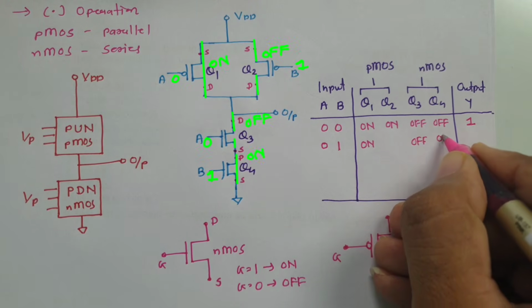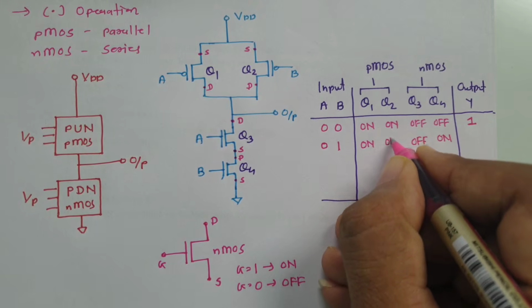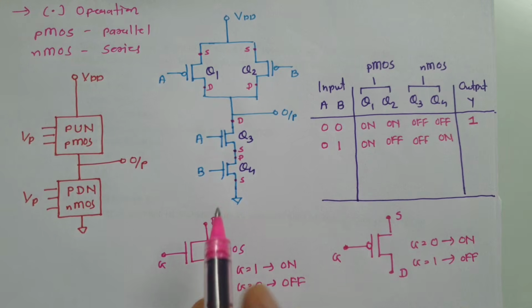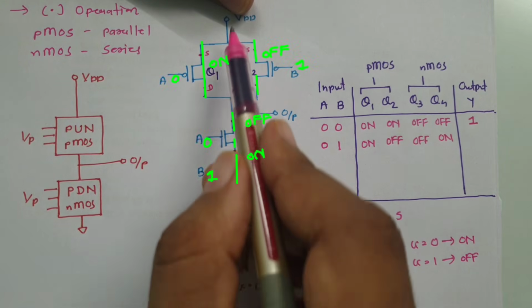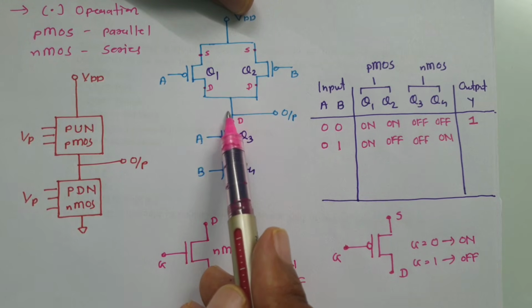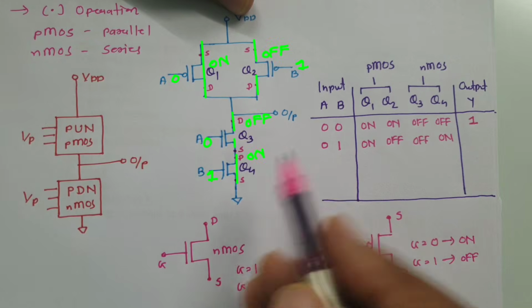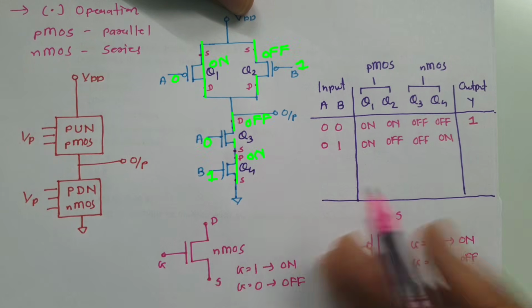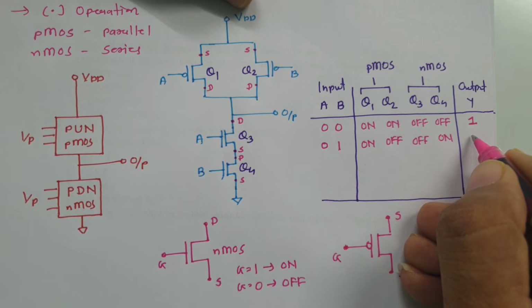So this is Q4 that is on and this will be off. So here output will be VDD, and that is referred as logic 1.